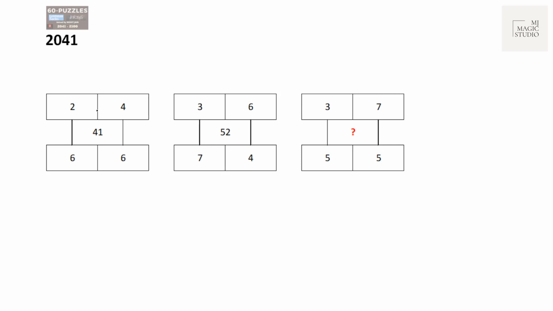41, 2, 4, 6. Okay, if I multiply these two, 41 into 6 is 246. Let's see. 52 into 7 is 35 and 1, 364. Bingo. We are getting 364.